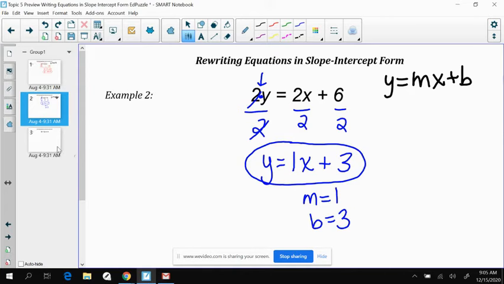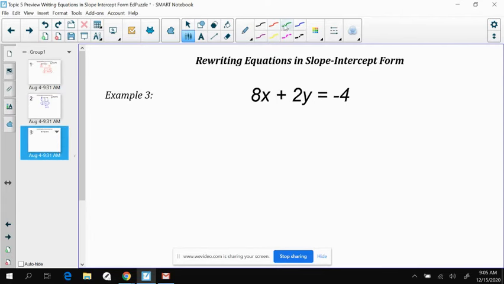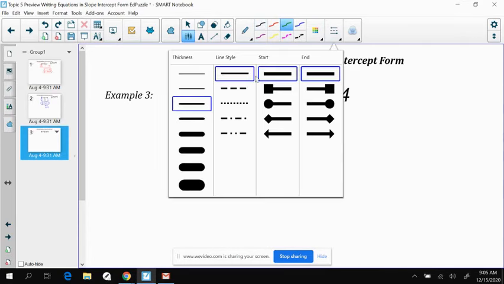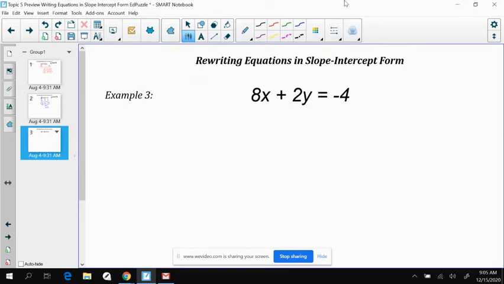And last, let's take a look at example 3. 8x plus 2y equals -4. As a reminder, we want to isolate y in order to put this equation in y equals mx plus b. y is not isolated.